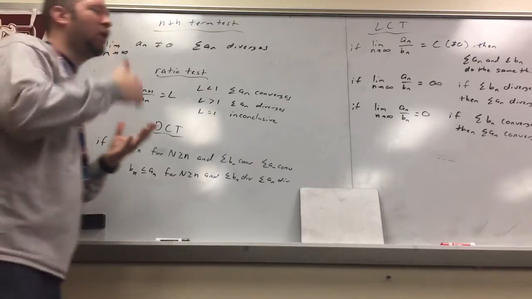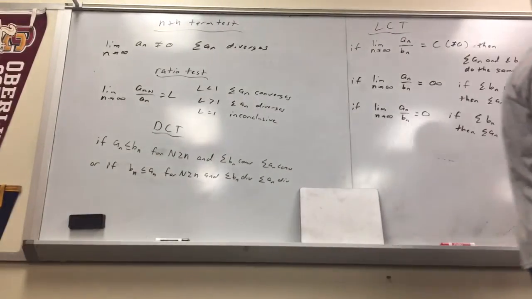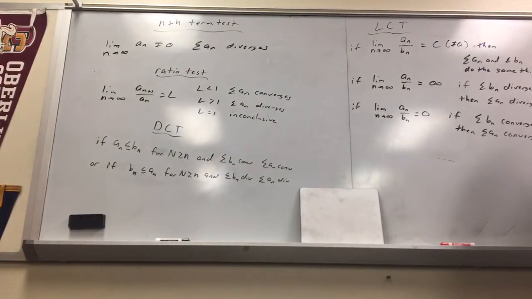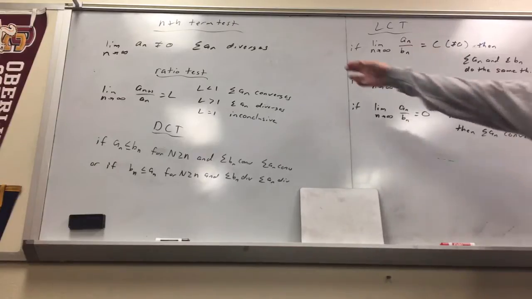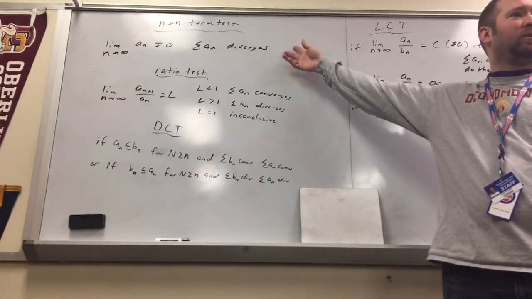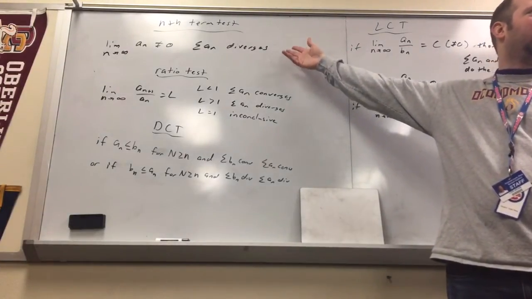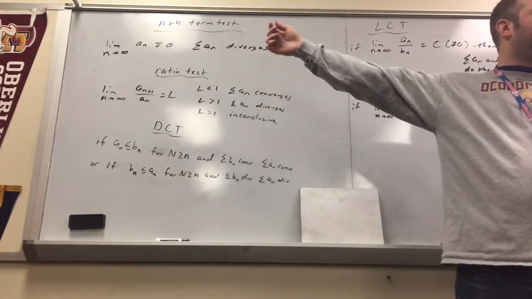And as you saw here, this one problem could have been justified how many ways? At least 3. Maybe there are other tests. But of all 3 of these tests so far, the only one that didn't work is the nth term test, which it better not have worked because we found that this series converged.